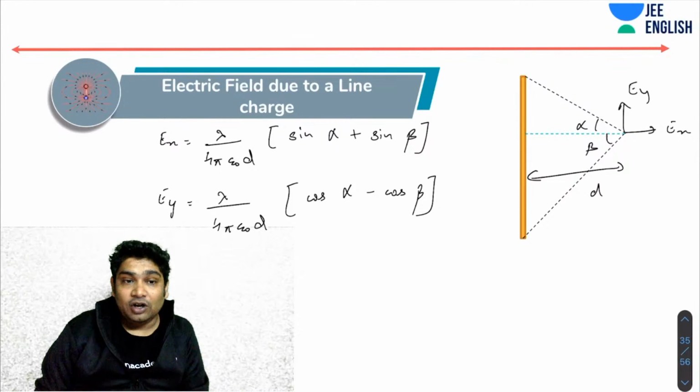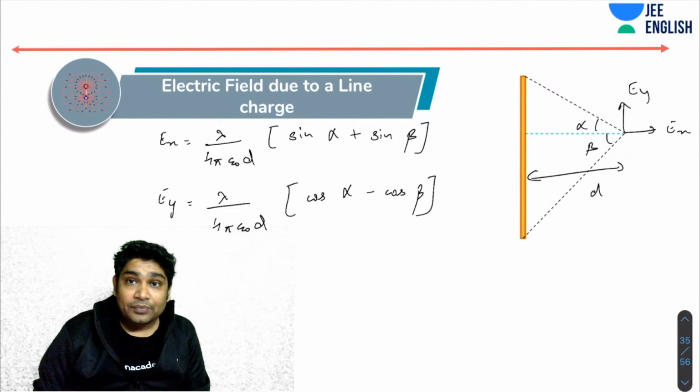So these are the two components of the electric field due to a line charge.